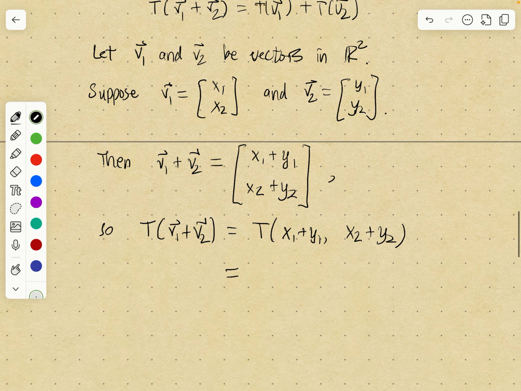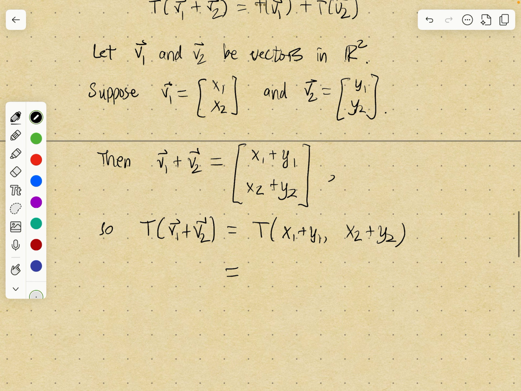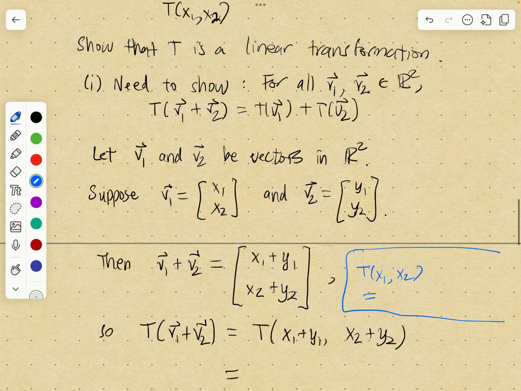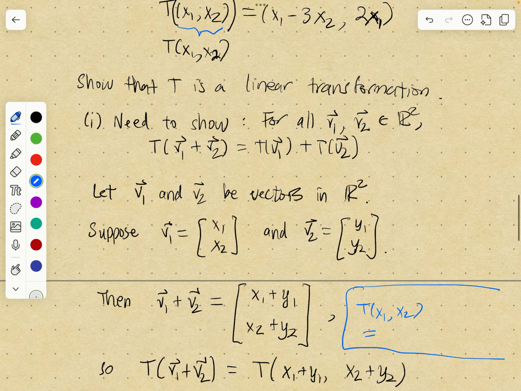So let's just write the formula down again, so I don't have to keep scrolling up. It's T(x1, x2) is (x1 minus 3x2, comma 2x1).